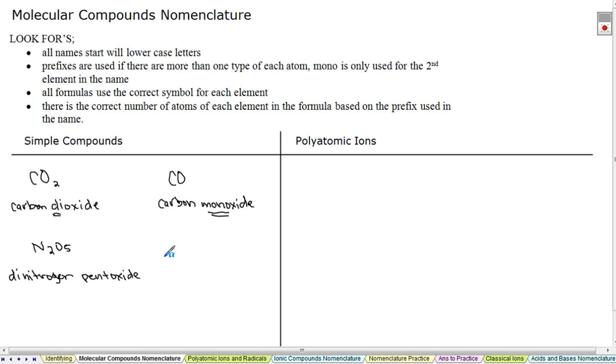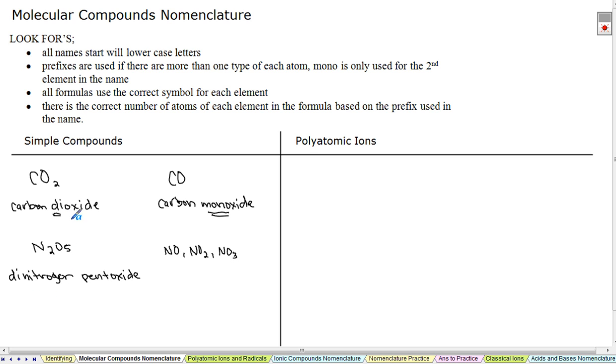All right. So we need to explain that we have two nitrogens and five oxygens, because nitrogen can make many different combinations with oxygen. Especially when you start to learn some atmospheric chemistry, it's interesting to see all the different things that nitrogen can possibly make in terms of molecules. And so each of these would have its own name: nitrogen monoxide, nitrogen dioxide, nitrogen trioxide, dinitrogen pentoxide. And so it's important that we use the prefixes.